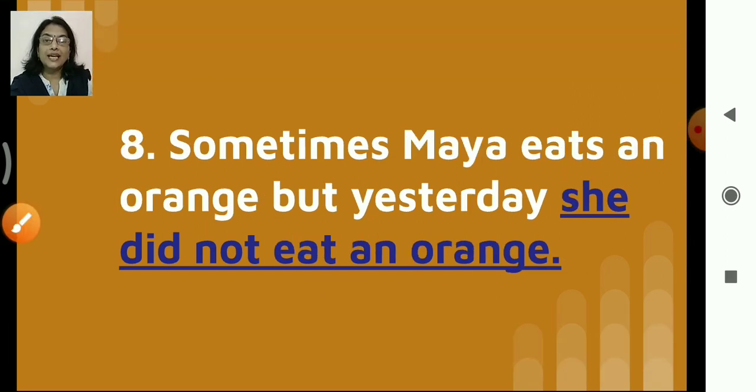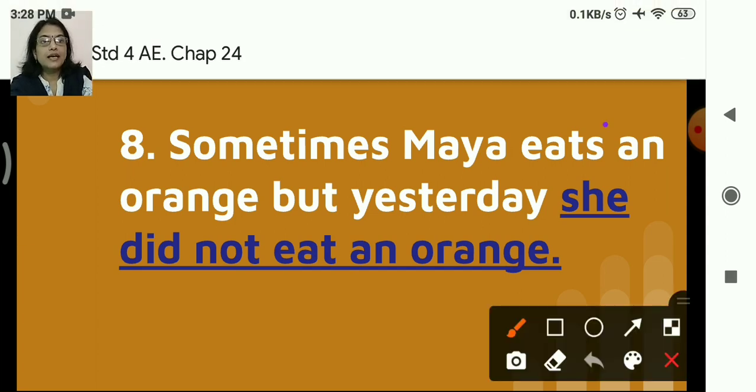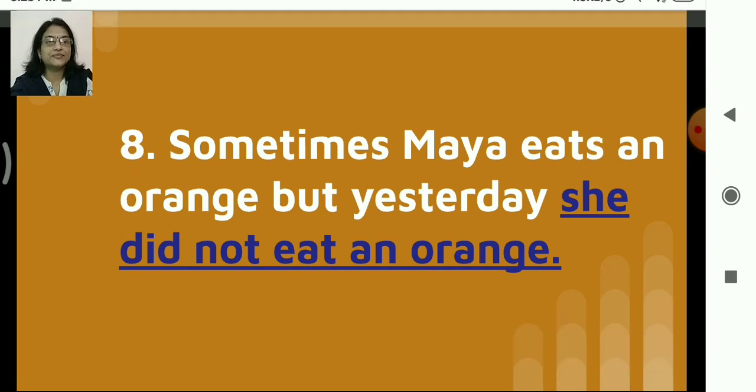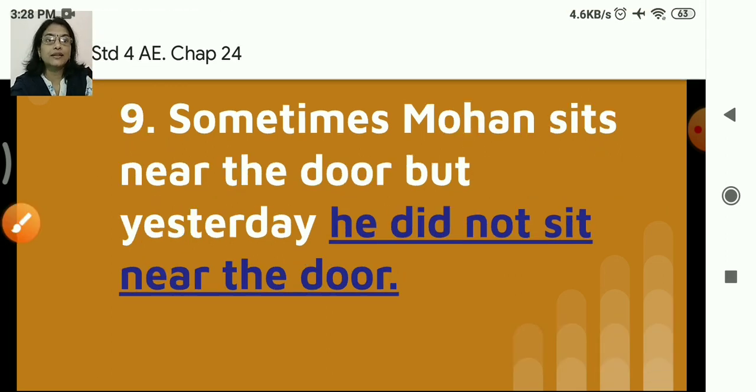Now the eighth sentence. Sometimes Maya eats an orange, but yesterday she did not eat an orange. Again we have removed the S here. Eat an orange. Got it? The next one, the ninth sentence.